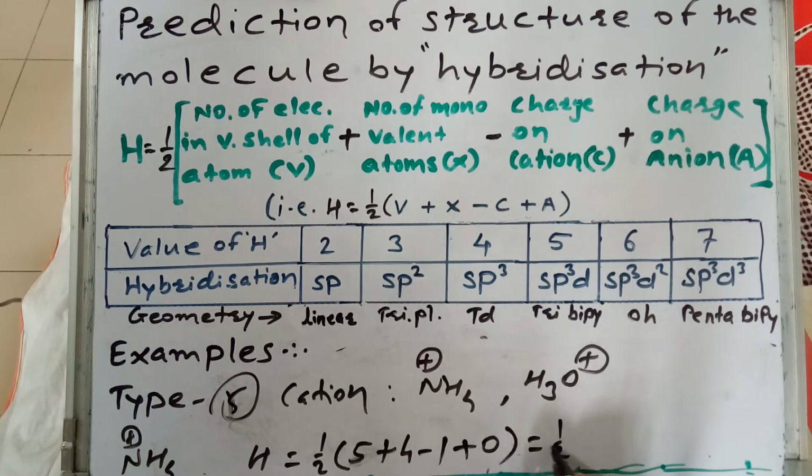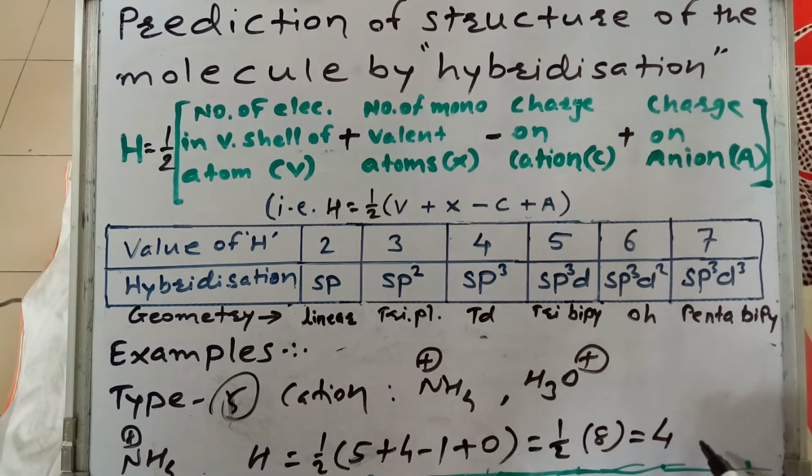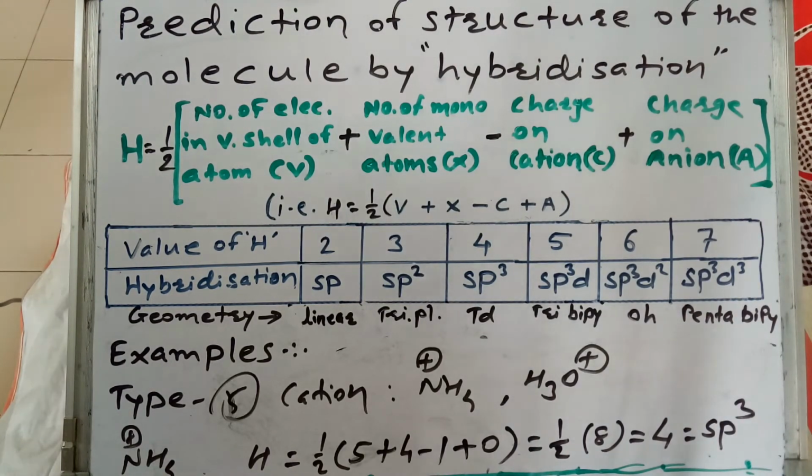So half of 5 plus 4, 9, minus 1, 8, so 4 is the H value. So H value 4 means the hybridization is sp3, that means geometry is tetrahedral.